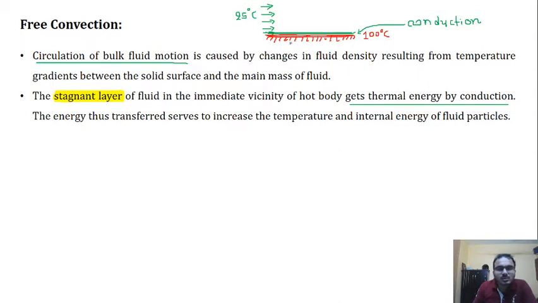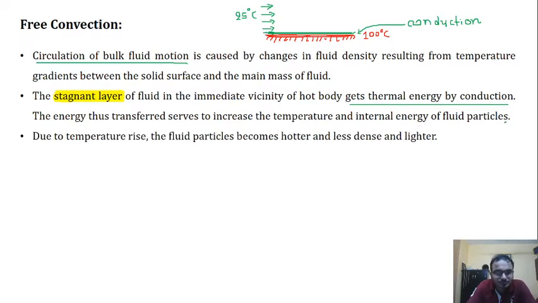Because of this conduction, the fluid particles present in this stagnant layer will get energy. So there will be an increase in temperature as well as an increase in internal energy of fluid particles. Now, due to the temperature rise, the fluid particles become hotter, less dense and lighter.